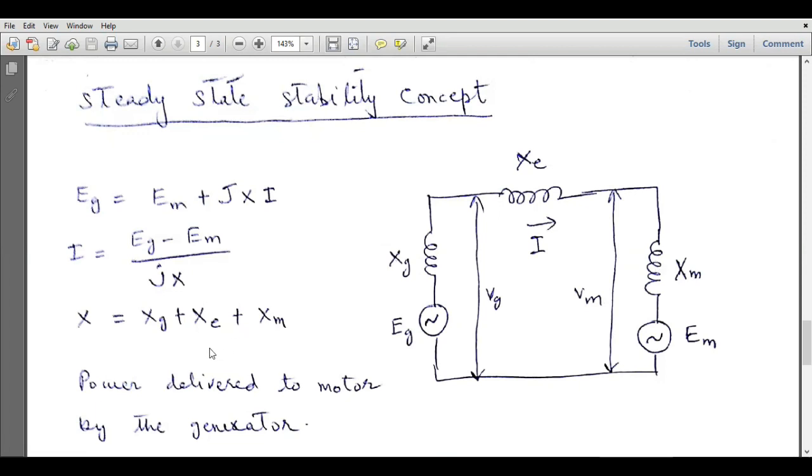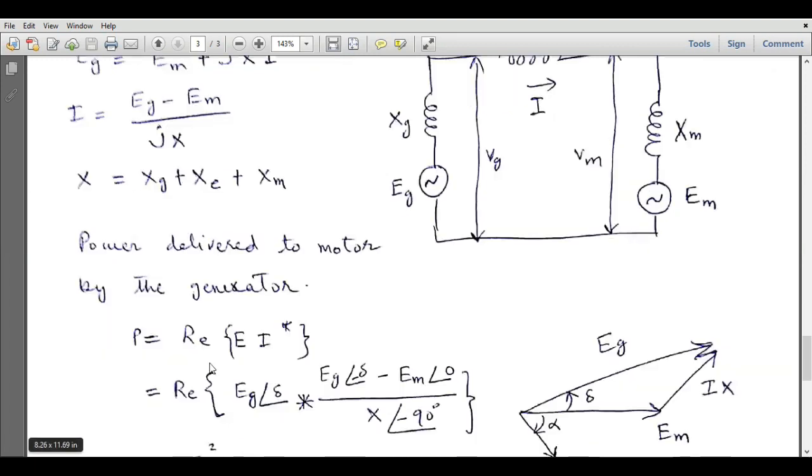So power delivered to the motor by the generator is equal to the real part of E times I conjugate, and E is equal to Eg. Okay, this is the applied voltage or the generator voltage, and the angle of this generator voltage is taken as delta. The I vector is equal to Eg minus Em divided by jX.